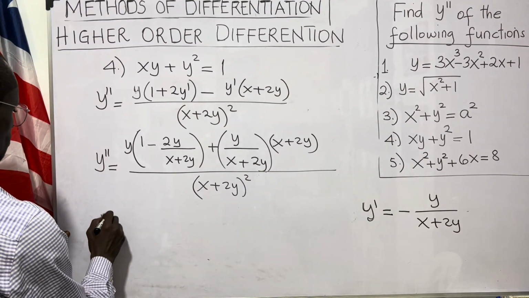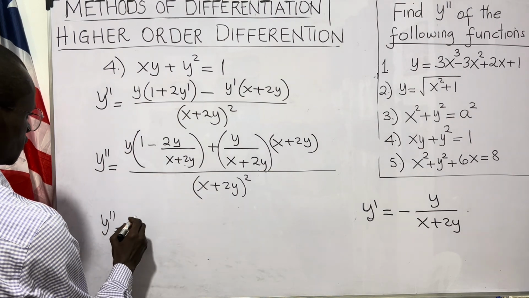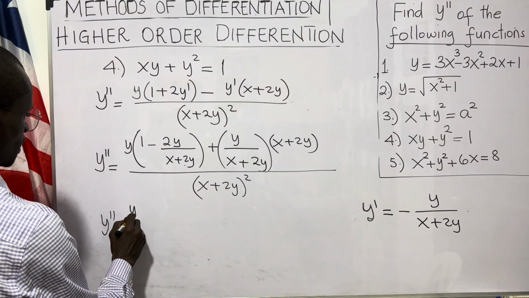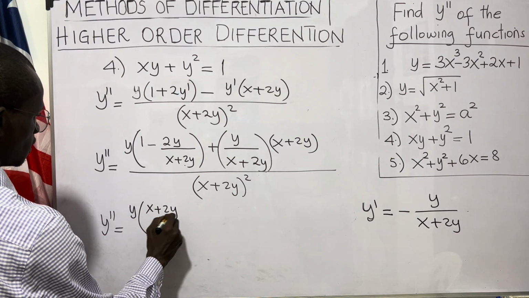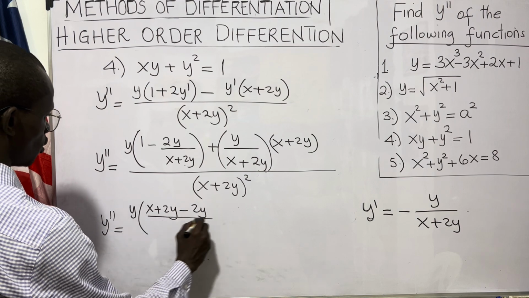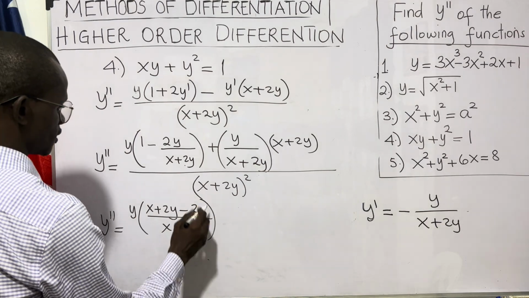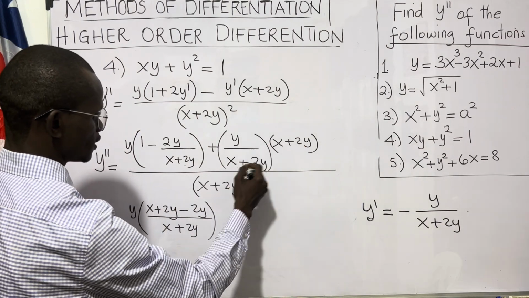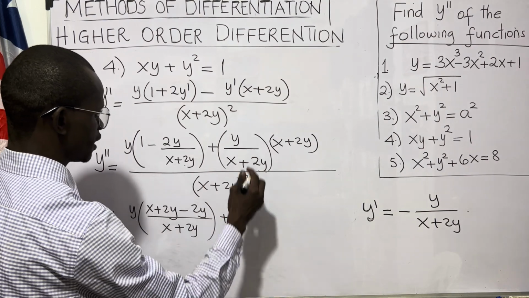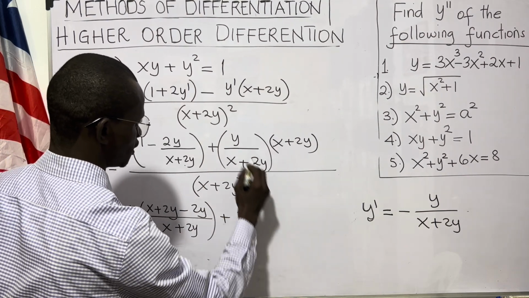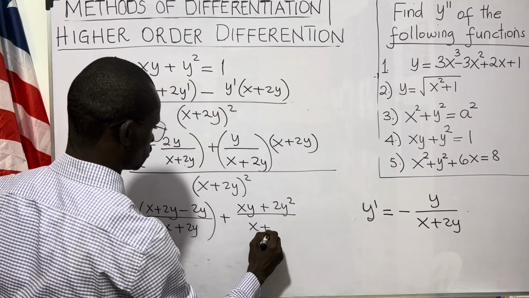So we can simplify the numerator. This times this gives us y, and then this times this is x plus 2y minus 2y all over x plus 2y. This is y outside. Similarly, this and this, we just multiply, we have plus. So I can attach xy, and then this and this give us 2y squared all over x plus 2y.